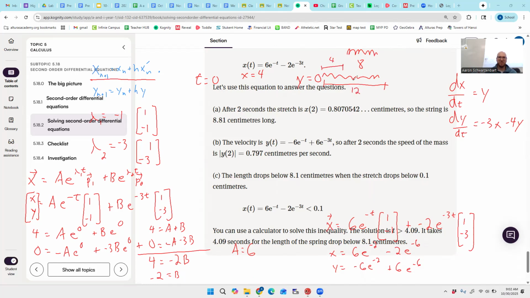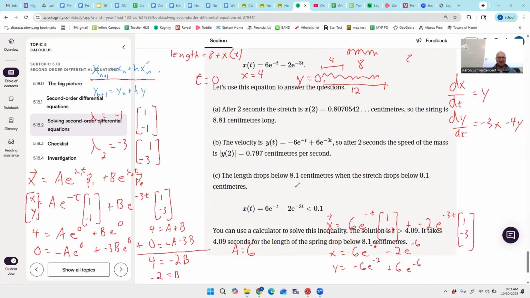So that's actually 12. X is giving me the value. Ultimately, the length is 8 plus X, or X of T here.